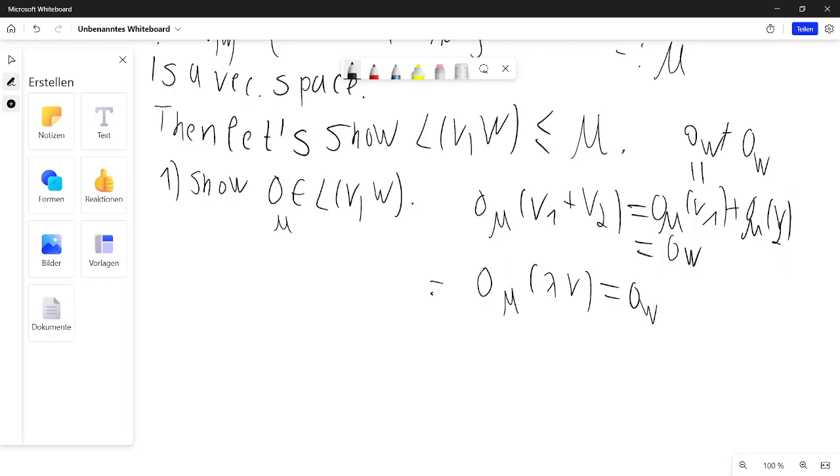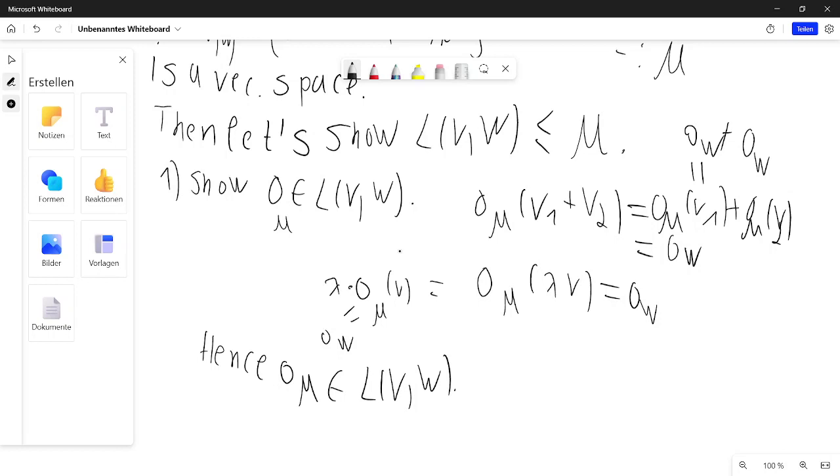This function is defined like that, and this is the same as 0, because that is just 0 in W. Right, so hence 0 M is an element of M.